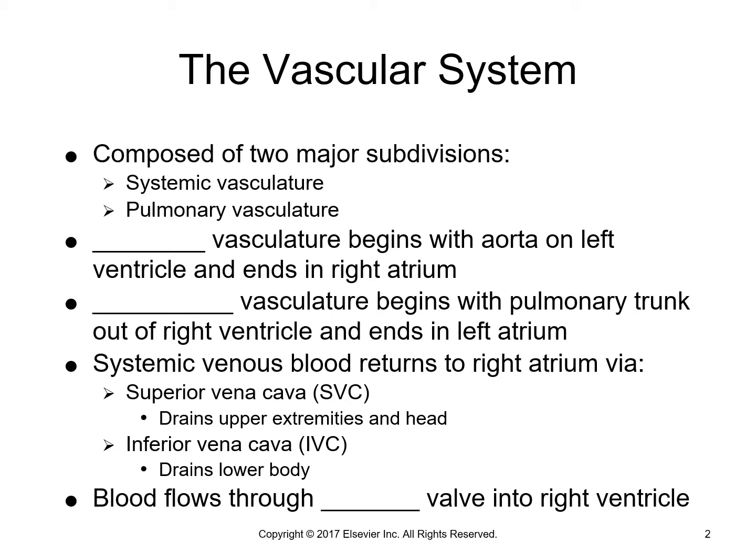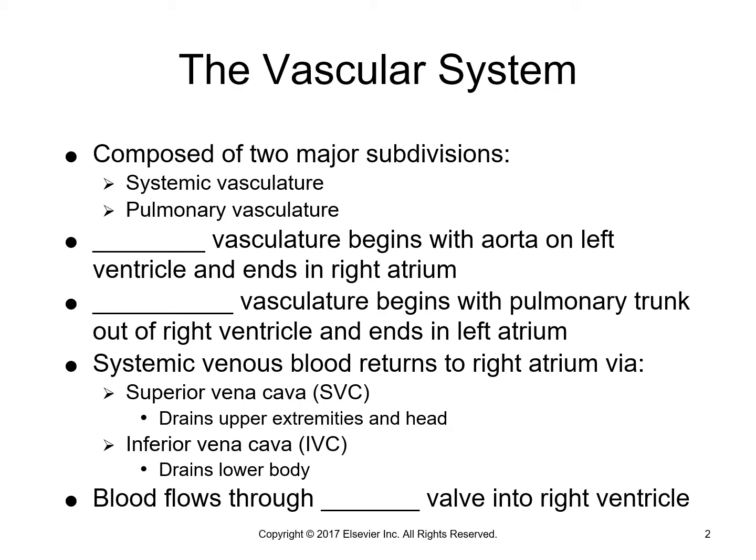When we talk about the systemic vasculature, we're looking at it beginning with the aorta on the left ventricle, then it travels throughout the body and returns back up to the right atrium. So that's systemic vasculature, your first blank there. Pulmonary vasculature, your second blank, begins with the pulmonary trunk out of the right ventricle and then comes back into the left atrium.